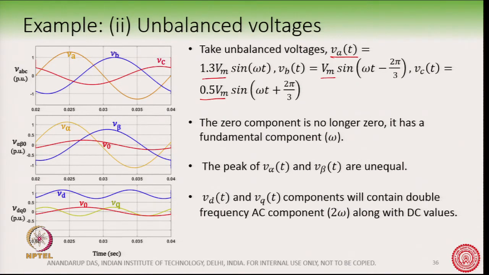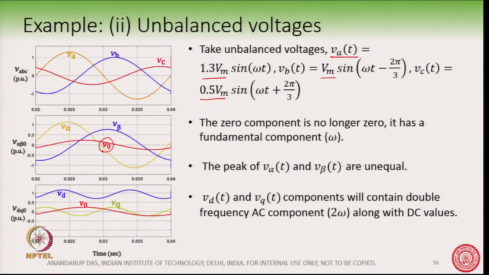Now of course, we can immediately say that the sum of these three voltages is not equal to 0. Therefore, we will expect a 0 component in the alpha beta 0 transformation, and we can see it here now that V 0 is non-zero in value, it has some magnitude.